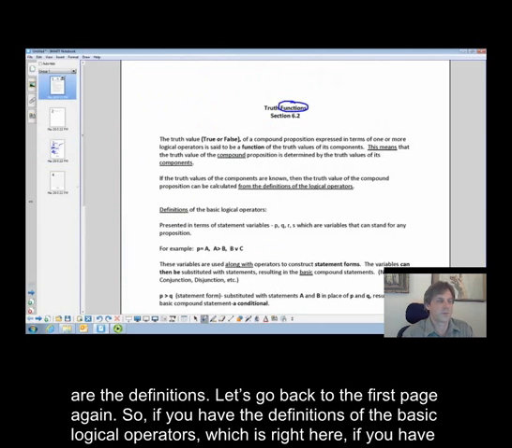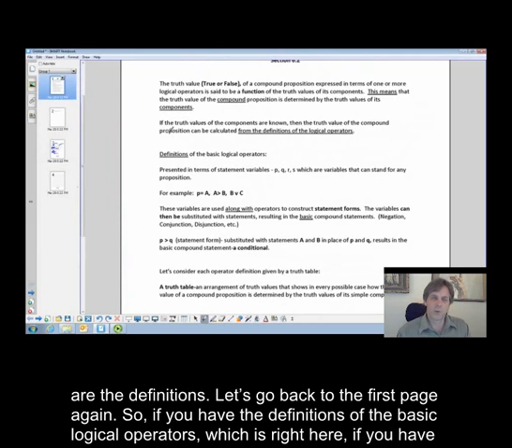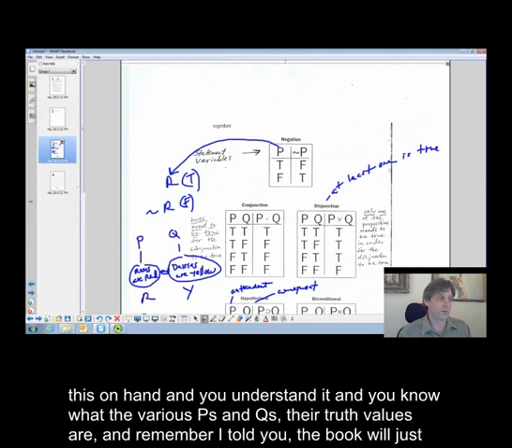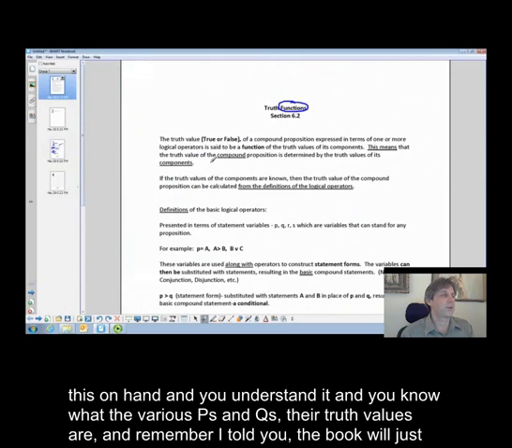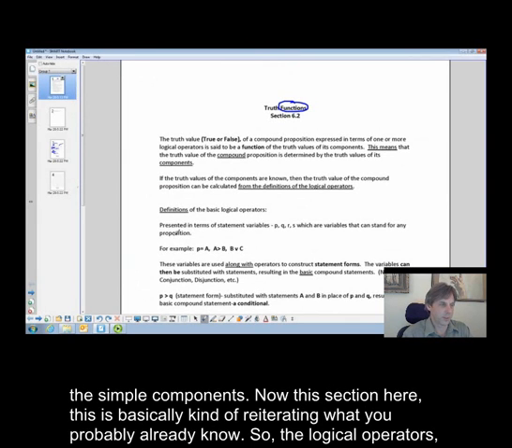Let's go back to the first page again. All right, so if you have the definitions of the basic logical operators, which is right here, if you have this on hand and you understand it, and you know the truth values of the various P's and Q's, and remember I told you the book will just give them to you one way or the other, you can determine the overall truth value of a compound proposition from the truth values of the simple components.